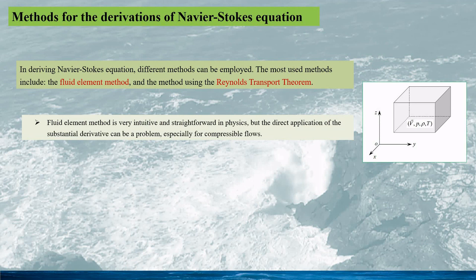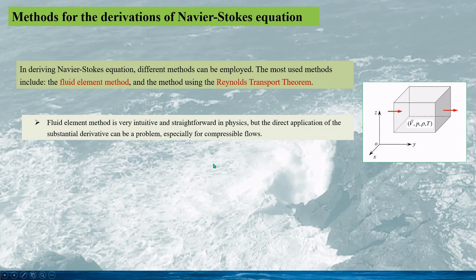For the fluid element, we can easily calculate the quantity of a fluid parameter flowing in from the surface at the left-hand side and flowing out from the surface at the right-hand side of the element. Thus, we can build the dynamic equation in a very direct way based on the principle of conservation laws.